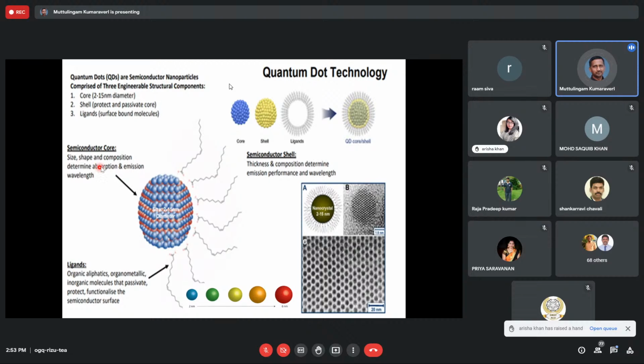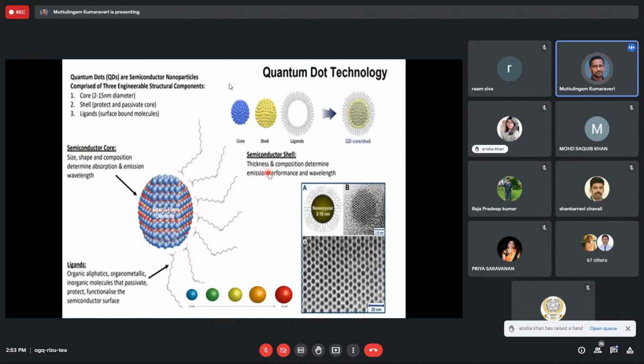And the shell thickness actually plays a big part on the device side. The thickness decides the performance and the wavelength, the full width at half maximum, which we will talk about later.